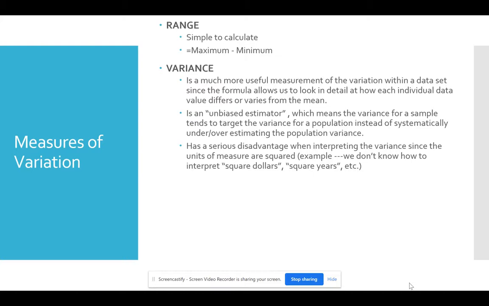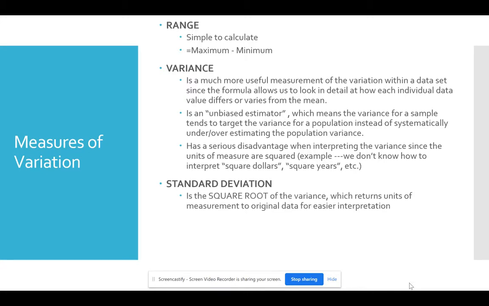So it makes it very difficult to interpret, because in our minds we don't tend to think about those particular units being squared. We don't usually talk about dollars squared or years squared. So what we do mathematically, we're able to undo a square by taking the square root, which leads us to the third measure, the standard deviation.